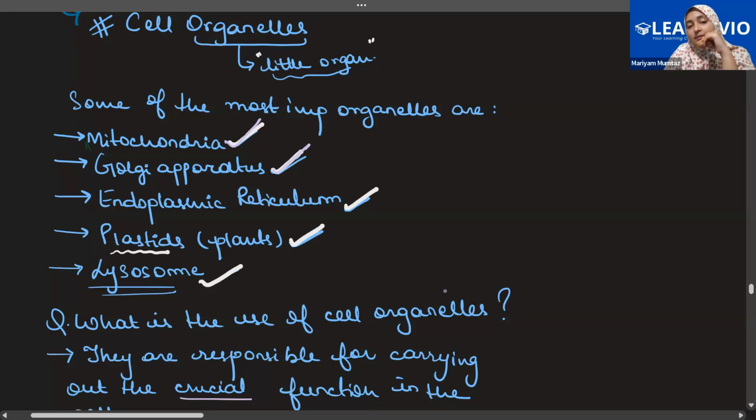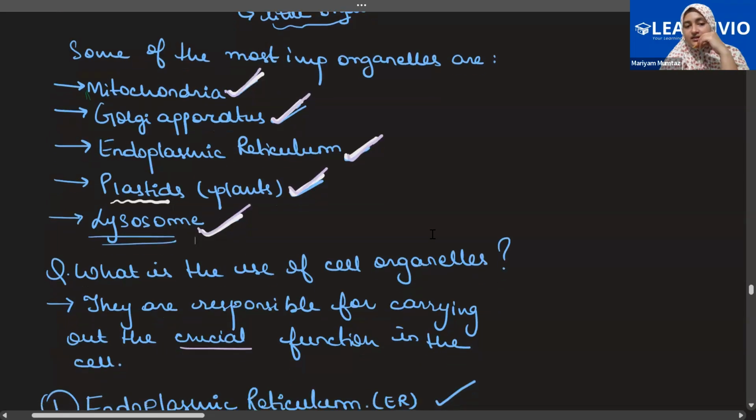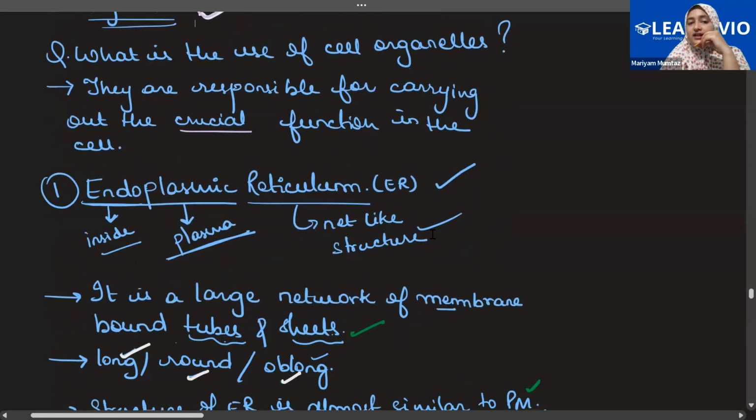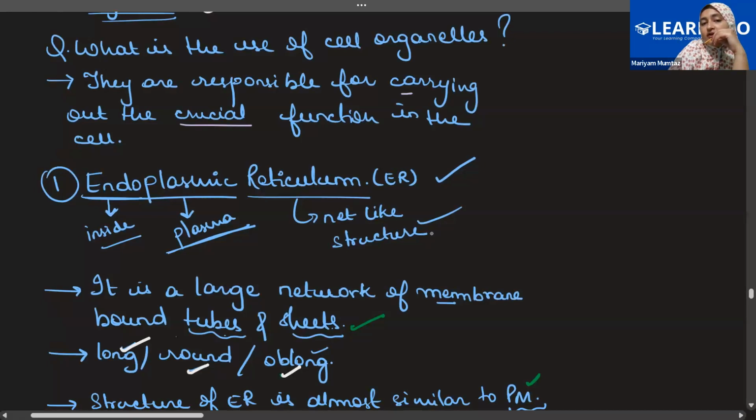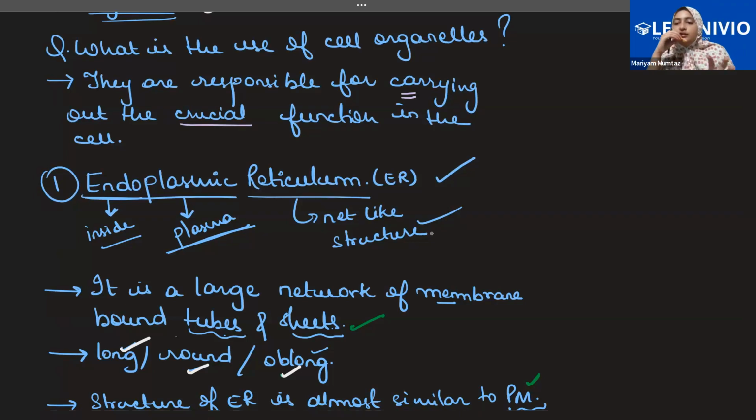Then there is Golgi apparatus. There is endoplasmic reticulum, plastids, and lysosome. So these are the different kinds of cell organelles that are present. Now talking about the cell organelles, they are responsible for carrying out crucial functions in the cell. Meaning every cell organelle has its own function to perform.